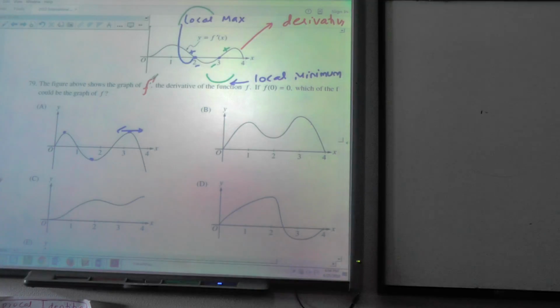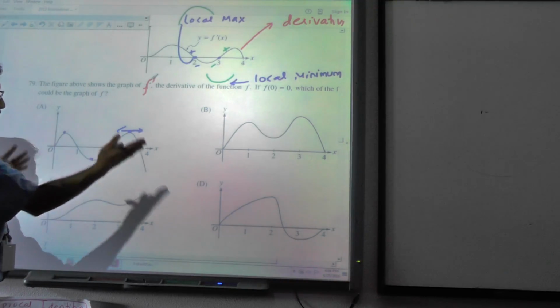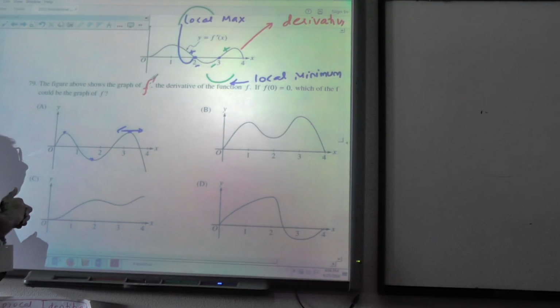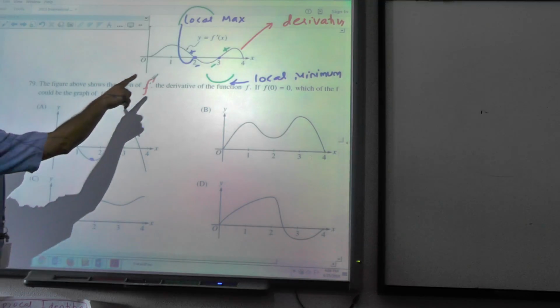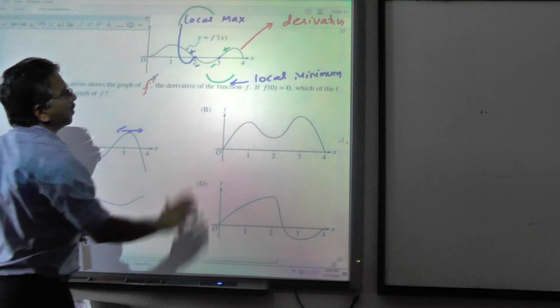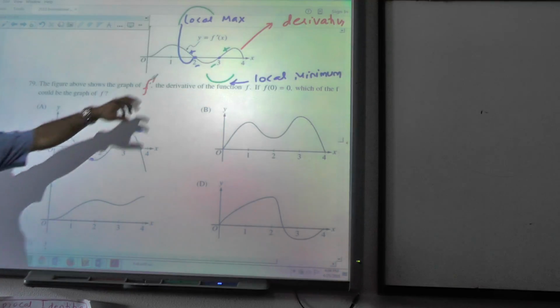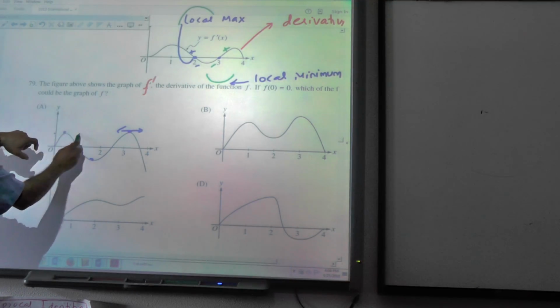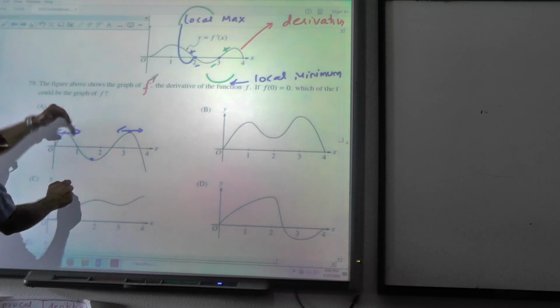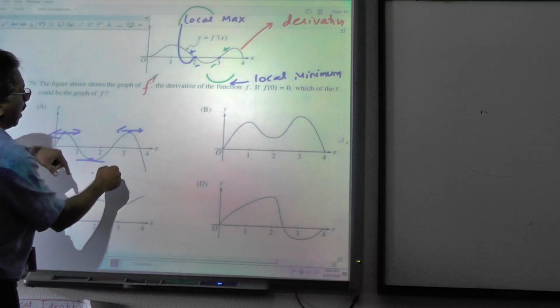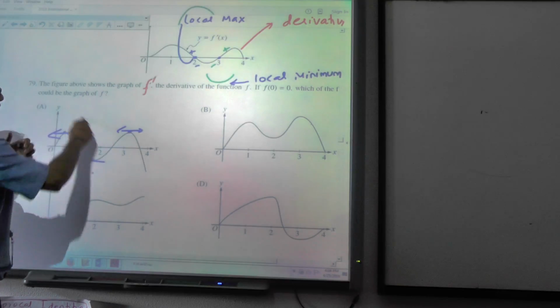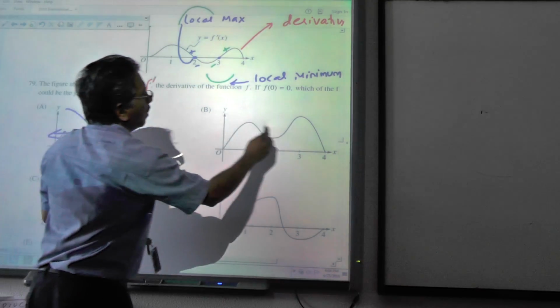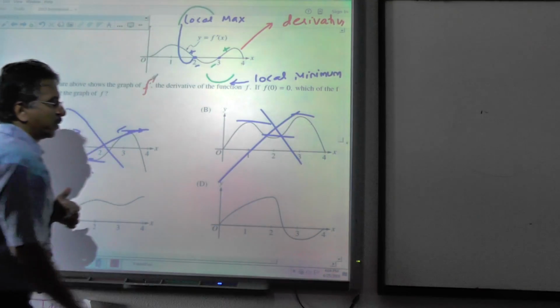So what that means is in both 4 graphs we have to see which one gives you one local maximum and one local minimum. So this is a local maximum. If you see this, in this case, there are three tangents. So this is maximum, minimum, maximum. So there are three of them. So this cannot be the option. Same thing. This cannot be the option.